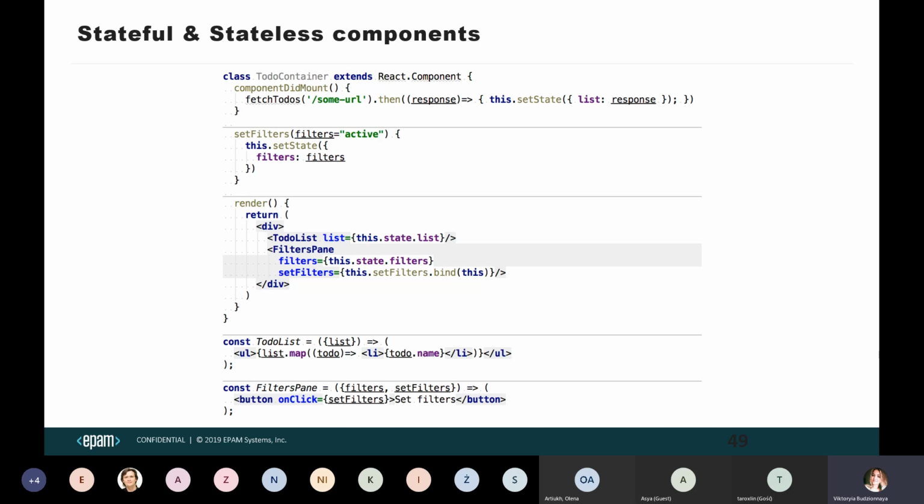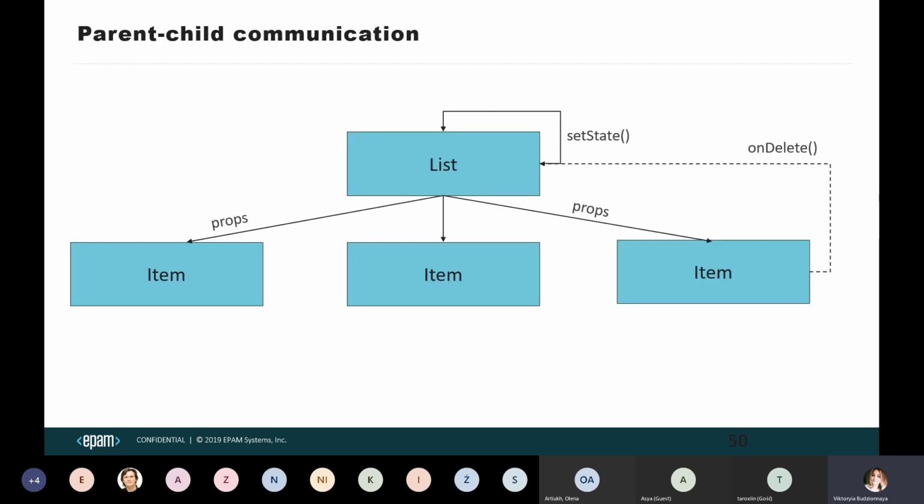They are stateless, that's why we define them as functional components. But we discovered that React has one direction data flow from top to bottom, so from parent to child using props.